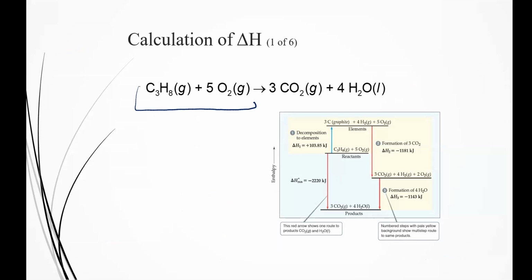One way to do this is to break it down into all of its different elements. That's what they're doing in step 1 here: they're going to decompose it into all of its different elements.